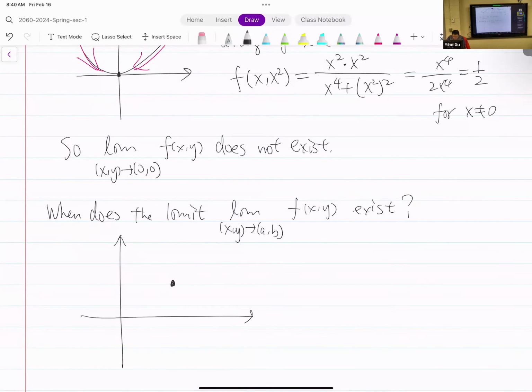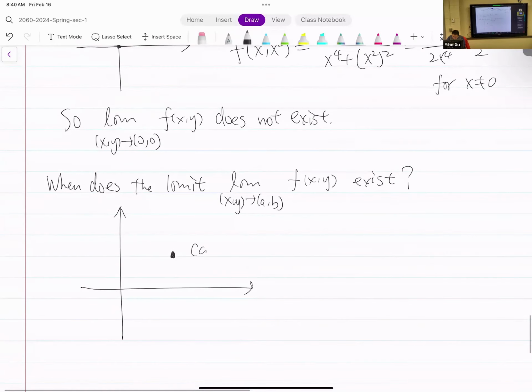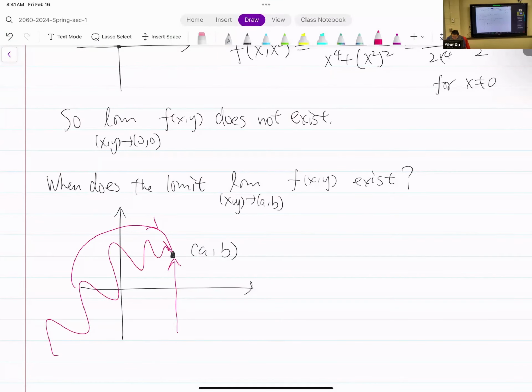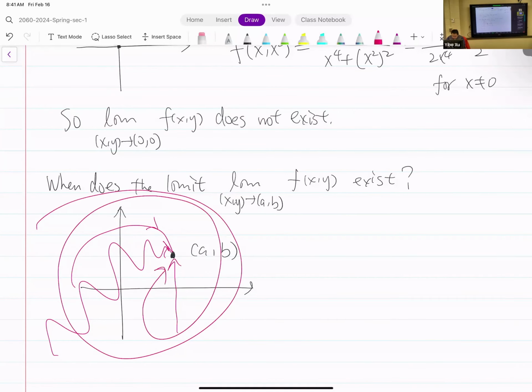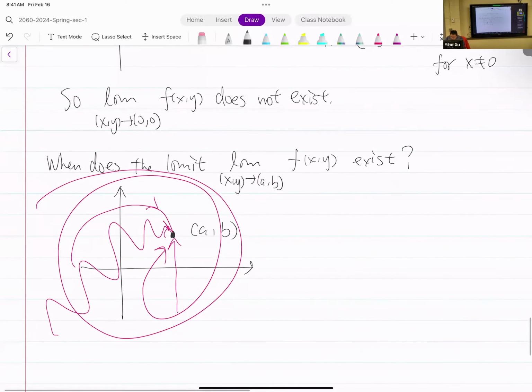So to put that down in a picture, for the point AB, there could be directions like this, directions like this. So the quadratic one is really similar to this curvy direction, right? But then the directions could be zigzagging all the way down, like right here, or it could be circulating, getting close. But now, if you think about all these possible directions, what do they have in common?